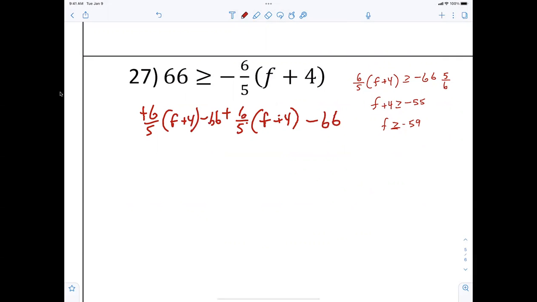That's all I did. Why would it change? Did I multiply or divide by a negative? No, I did not, so it doesn't change. Right or not? The 66 and the negative 66 cancel. There you have it. All right, everybody's good with that?